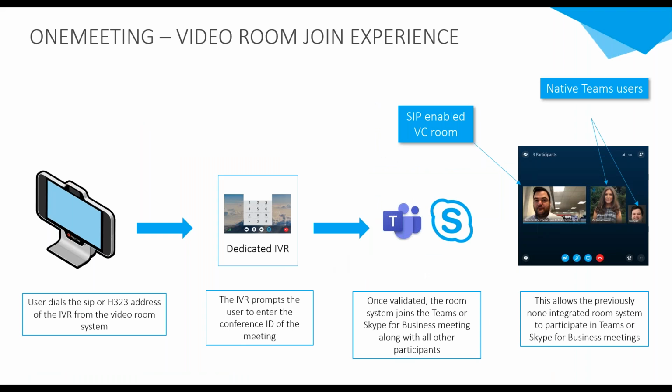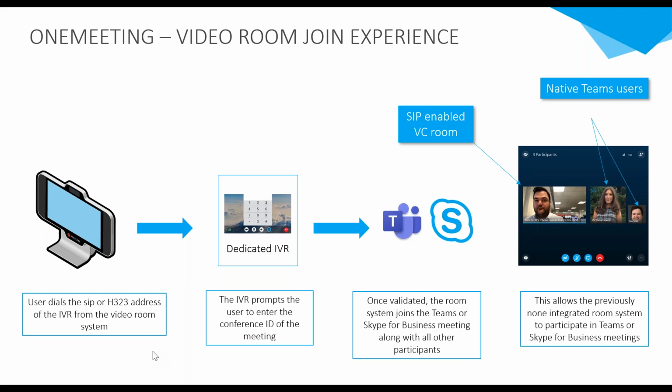And the join experience, just very quickly to talk through, and this is the same for both Skype for Business and Teams, is that you dial the SIP, or we can provide you a HTTP address of a dedicated reception for you. So when we talk about reception or IVR, the interactive virtual reception for the video conferencing world, we simply mean a single address that you can dial that will come to your customized branded splash screen or welcome screen.